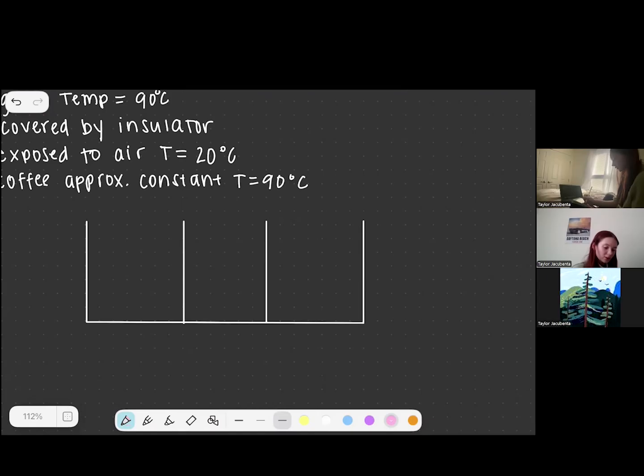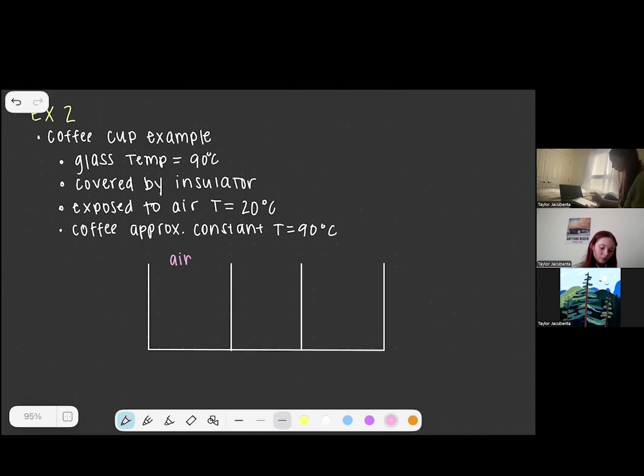So this is going to be our air. This is going to be our coffee. And then we're going to have a glass. And we are going to have an insulator slate.